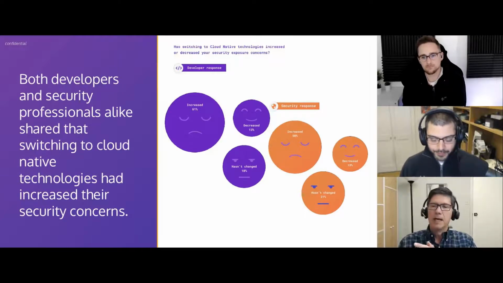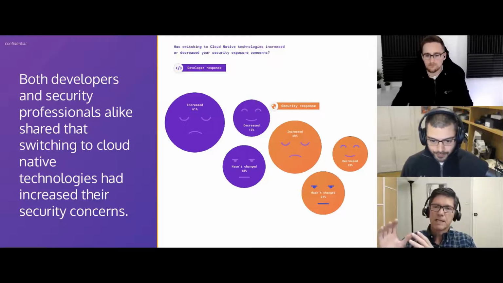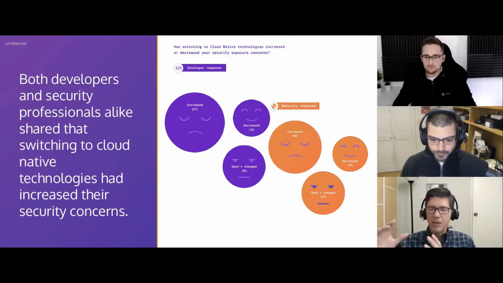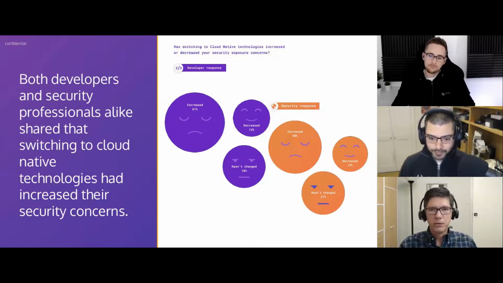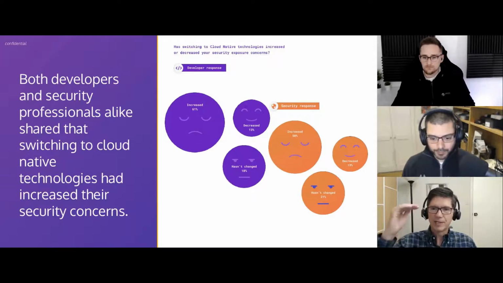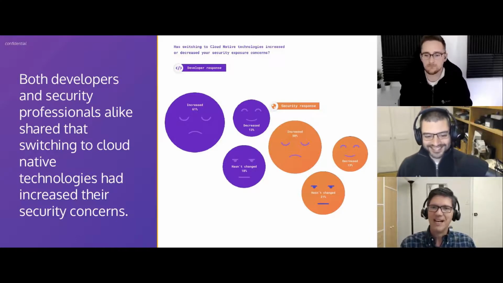But the concern is caused because security tooling is really not increasing as fast. There are too many security tools that are still not automated. Just like you said, Simon, the security guy shows up with a list of 20,000 vulnerabilities. That's still happening.